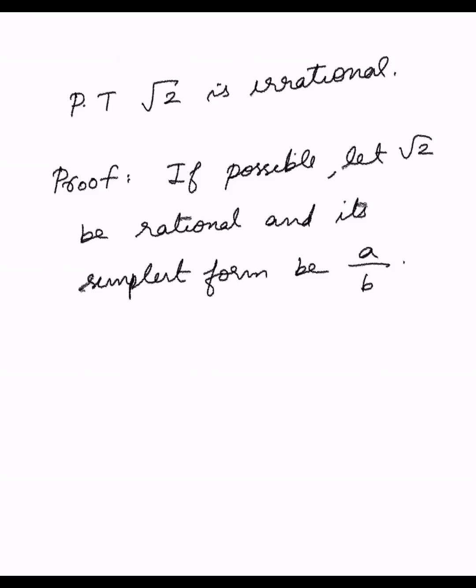Coprime means there is no common factor between a and b other than 1. Simplest form means I cannot divide it further. In other words, we say a and b are coprime. This you just need to understand; you don't need to write all this. So a and b are coprime. There is no more common factor between these two numbers.